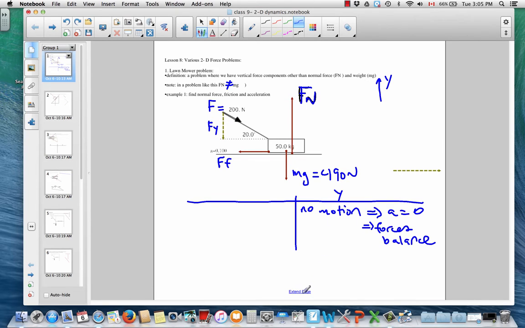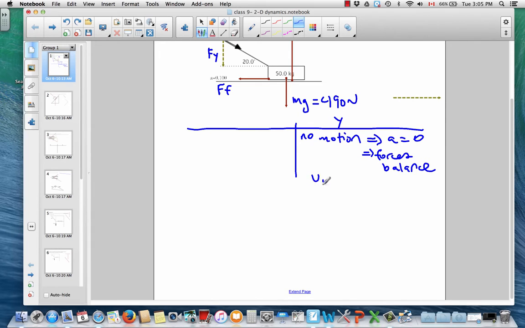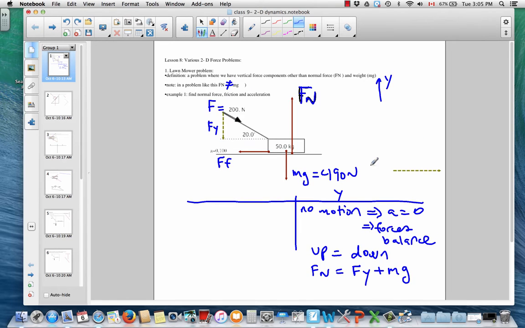So how do we set up that equation? Well, if force is balanced, then all the forces up have to equal all the forces down. The upwards force is the normal force. The downwards forces, there are two. First of all, there's the y component, and then secondly, there's the weight. Now, how do we figure out what that y component is? Well, we're going to do a little trigonometry. This is 200 newtons of resultant force.